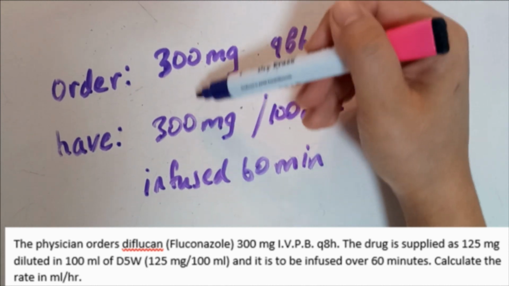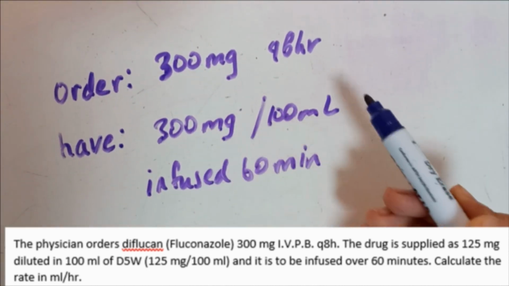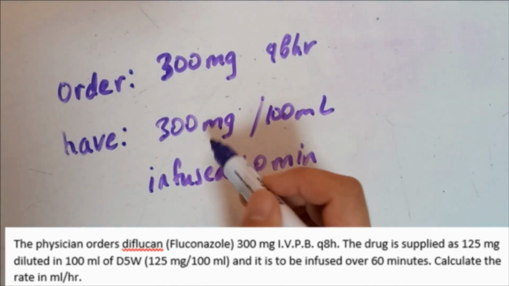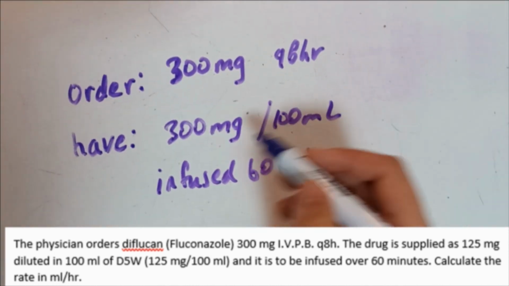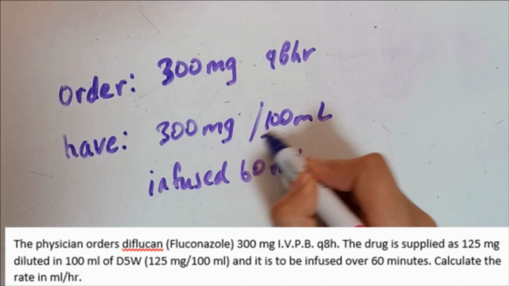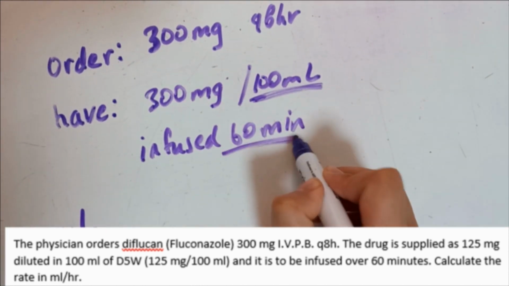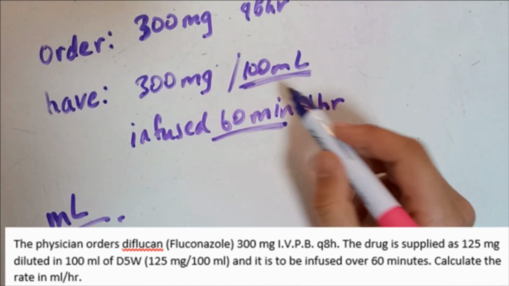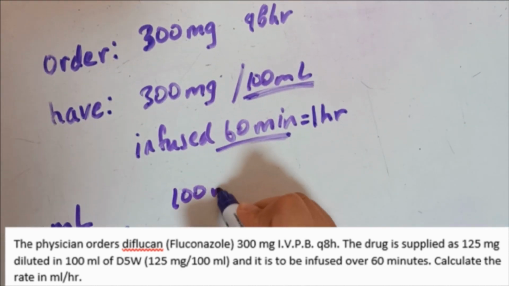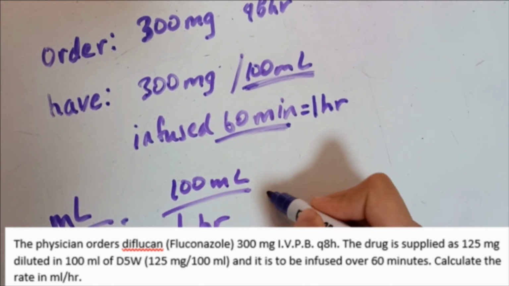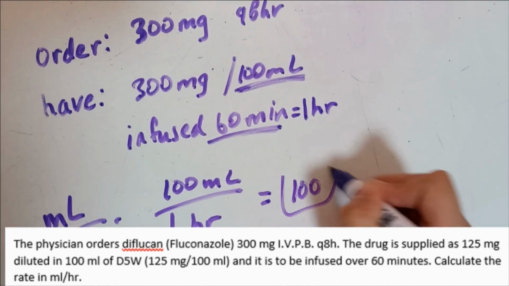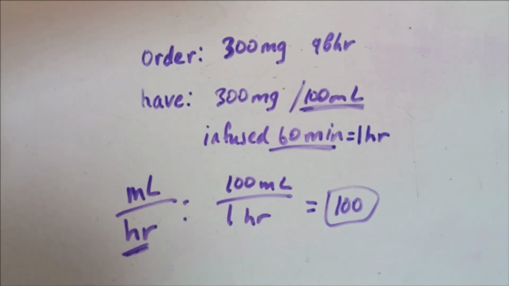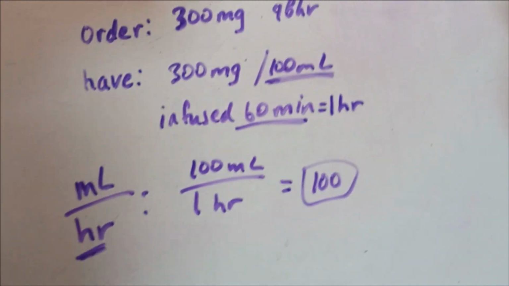But since both of them are 300, you have 300 milligrams in 100 milliliters, and we need 300 milligrams, so we don't need to convert. So we just take the 100 milliliters over 60 minutes, which is 1 hour, because we need hours. So you would just do 100 milliliters in 1 hour, and that would be your answer. They put a lot of extra information, but the actual answer is much simpler. So you want to pay attention to that.